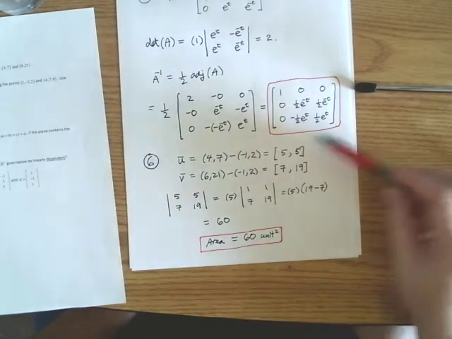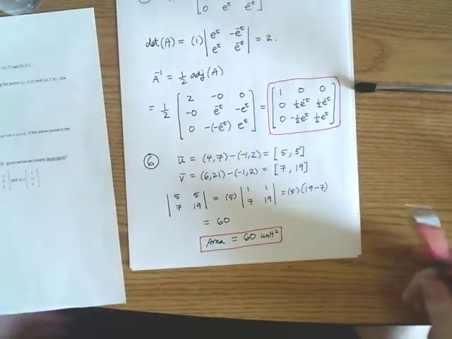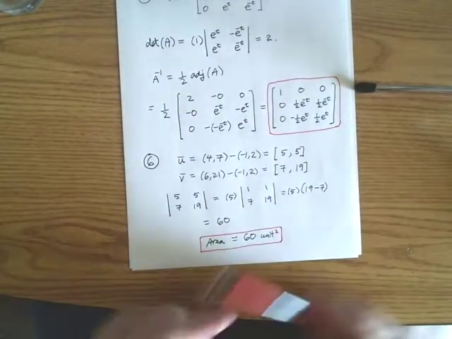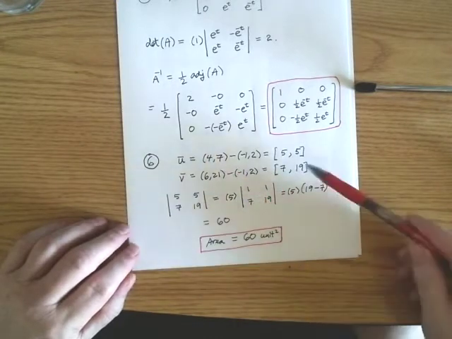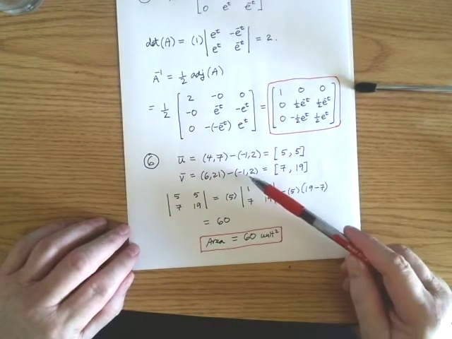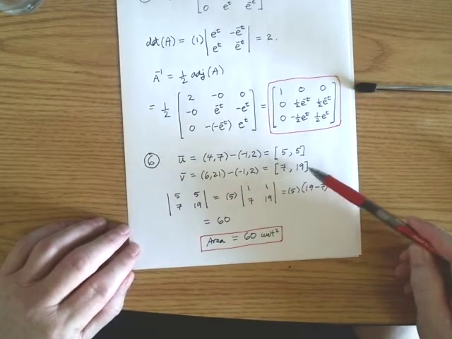You could just as easily, and I do in other problems, write that as a column vector if you'd rather. It's not going to make any difference in the end. Anyways, from the first point to the second point, that yields the vector (5, 5). From the first point to the third point yields the vector (7, 19).